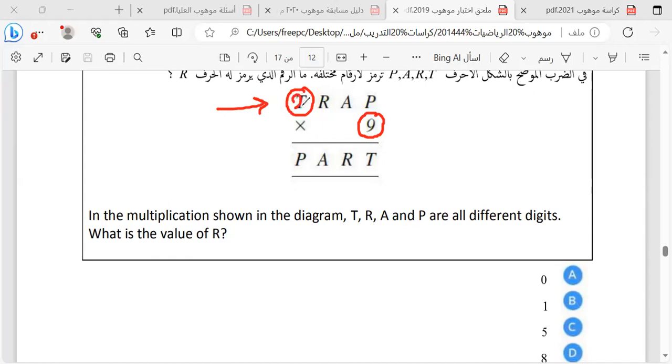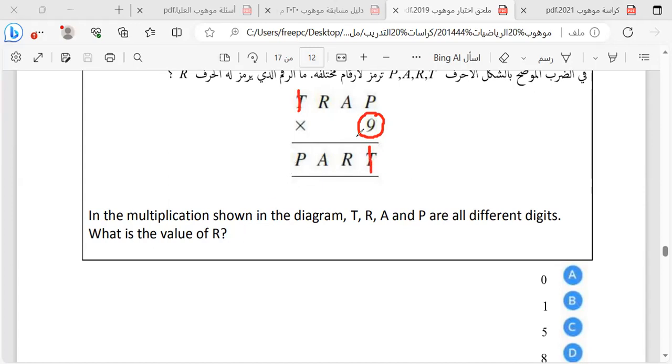If you put 2, it will be 18, right? So you must put 1. Why 1? Because 9 times 1 is 9, not more than 11. So T is 1.